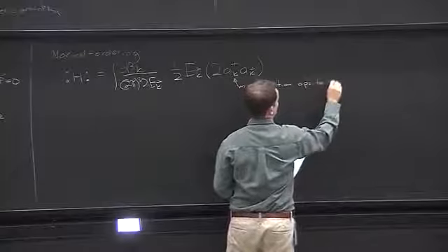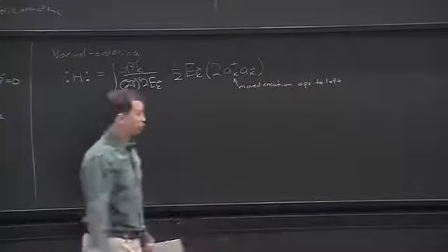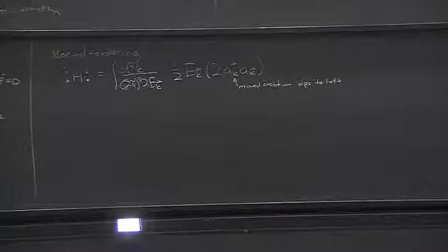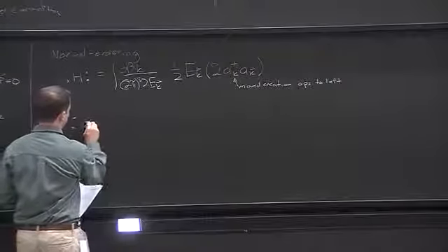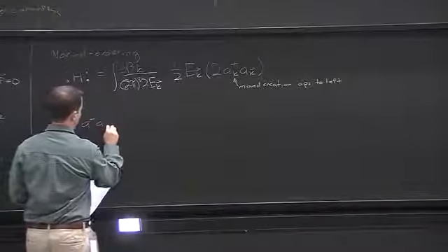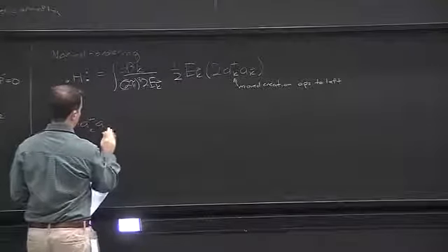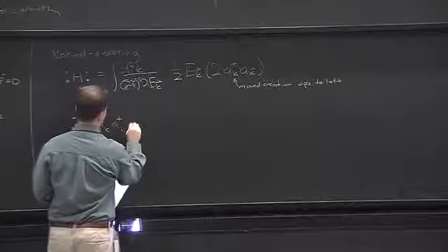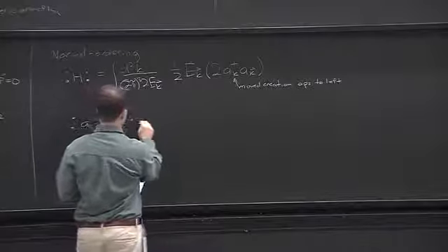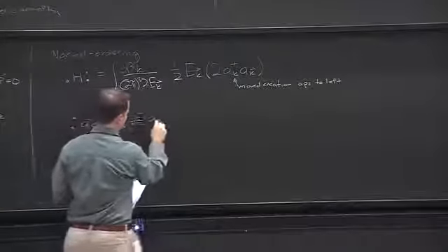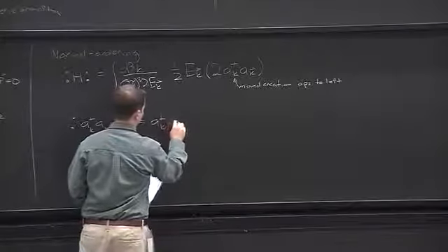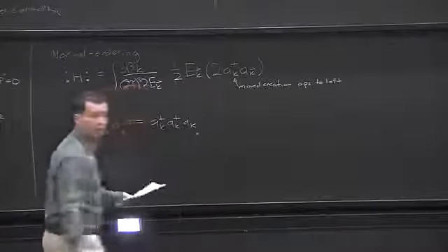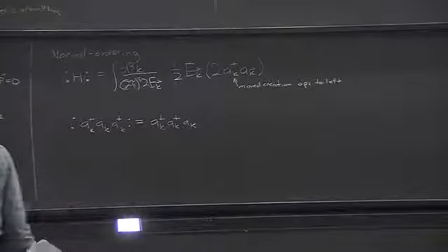So normal ordering has two equivalent definitions. One, you can think of it as, if you have some string of operators, you just by hand move all of the creation operators to the left and annihilation operators to the right without using the commutator.